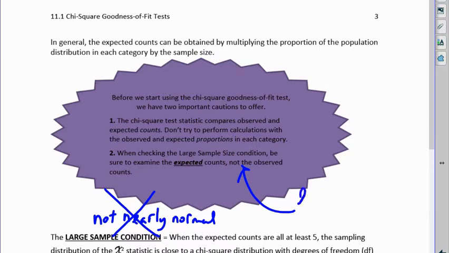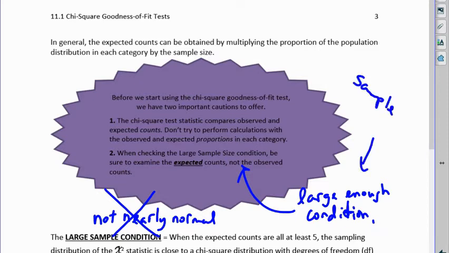So we call that the large enough condition. Instead of nearly normal, you're going to say the large enough condition, and that's basically speaking to the sample size in each of the categories. And that needs to be 5 or more, so we're going to need to be greater than or equal to 5.